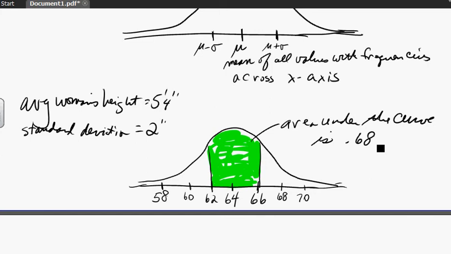Because if I integrated this equation and did a definite integral from 62 to 66, plus and minus 1 standard deviation, 2 inches, being under this curve, using that formula that I gave you, you'll get 0.68 for the area approximately.